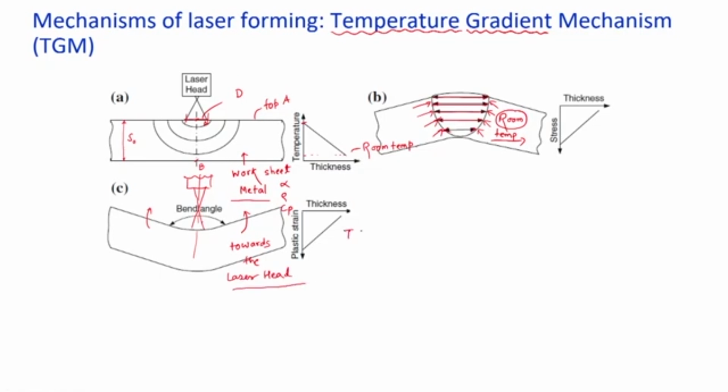So, this is called the TGM, temperature gradient mechanism. By using the temperature gradient between the top fibers and the bottom fibers, we are generating the plastic deformation, that is the TGM.